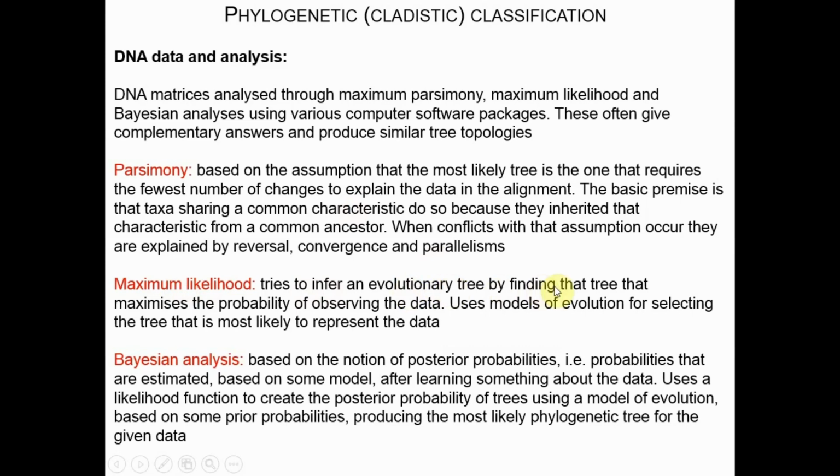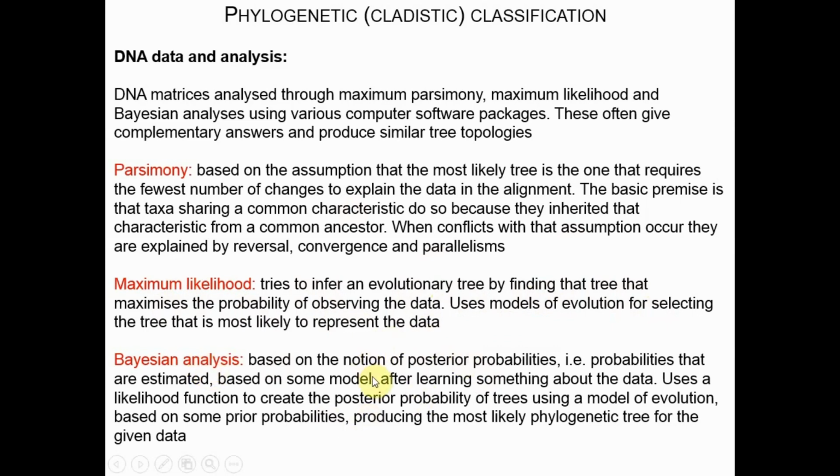Maximum likelihood tries to infer the tree that maximizes the probability of observing the data, so the tree that is most likely to represent the data on hand. This uses models of evolution to select the most likely tree.